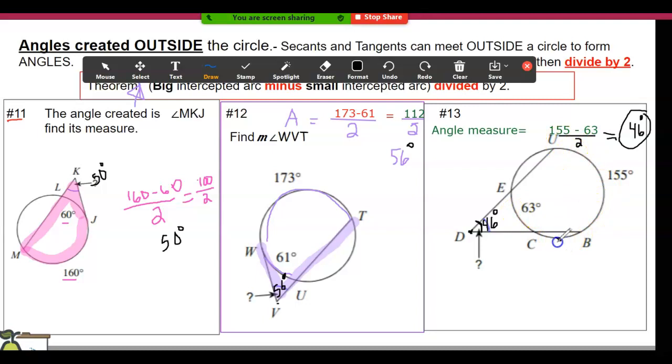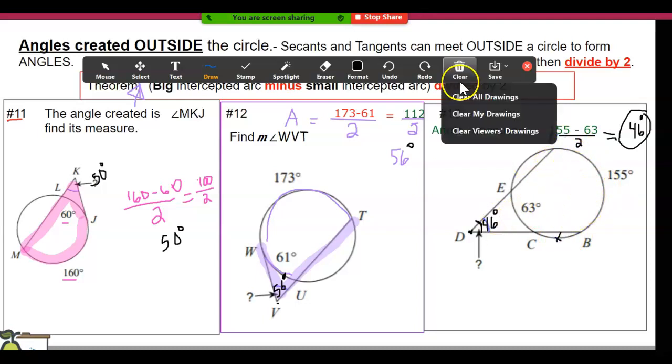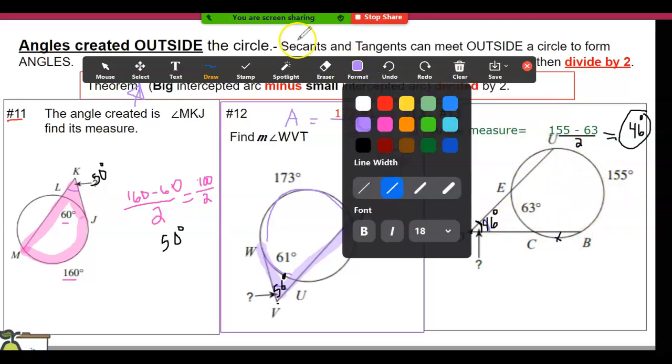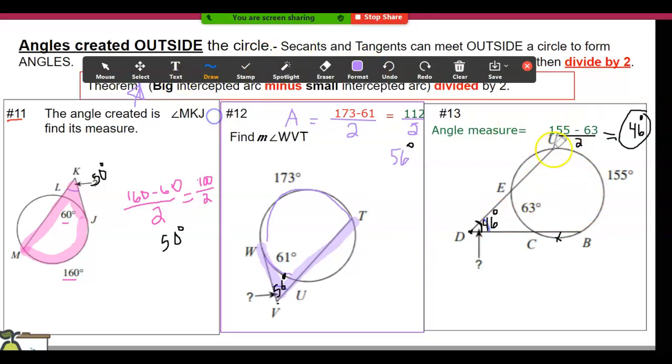Not these over here, the ones that are inside the angle, right? If you have a hard time seeing that, you can always shade it in. See, shade in inside. So you can easily see it's 155 and 63 degrees. And you would subtract them and then divide by 2.